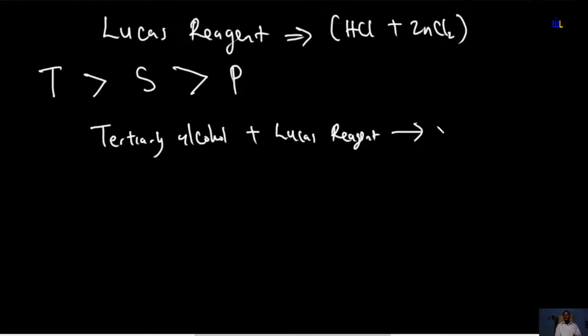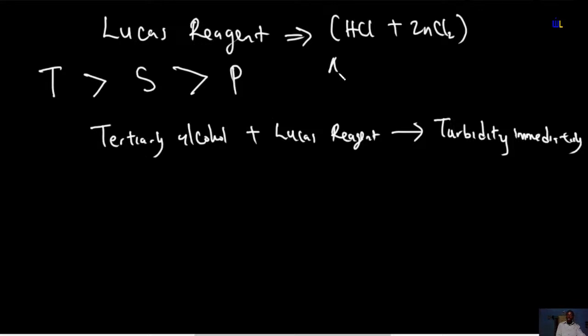It forms a colloidal suspension, and you notice turbidity immediately. Turbidity means unclarity, so the mixture becomes turbid immediately. Why? As I said, the reaction is the fastest with tertiary alcohol.